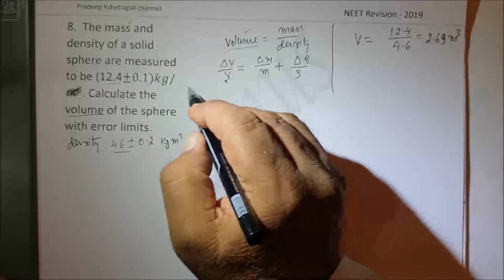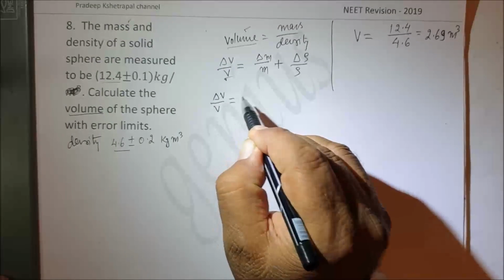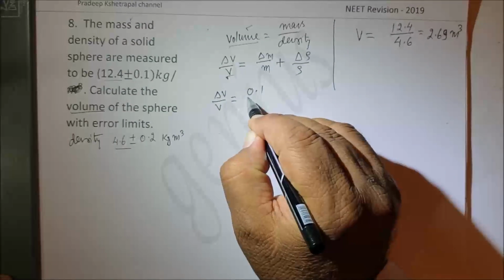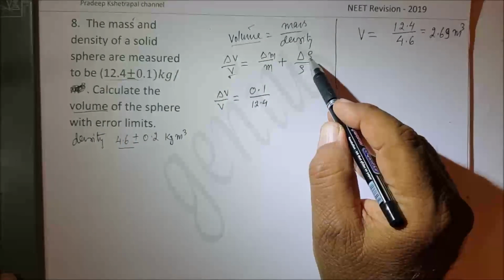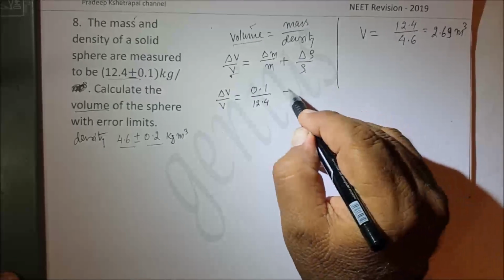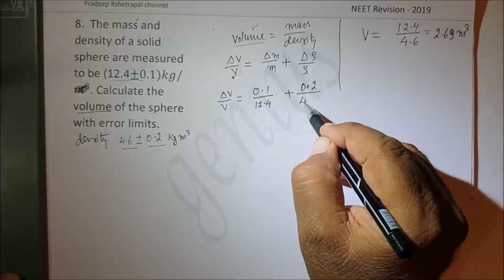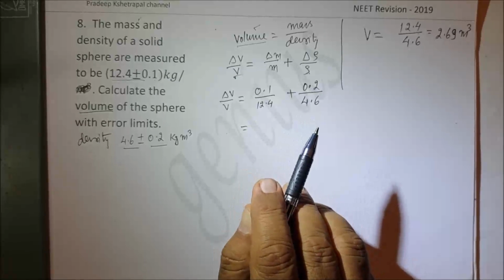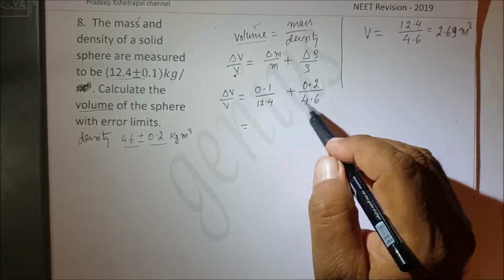So this error delta V by V is equal to delta M by M, 0.1 upon 12.4. This I have taken from mass. Error in density divided by density. This is error in density, so I write it 0.2. The density is 4.6. Now we do this calculation.